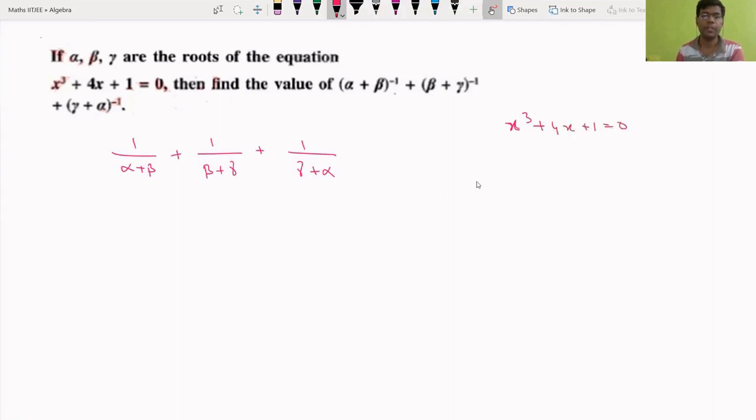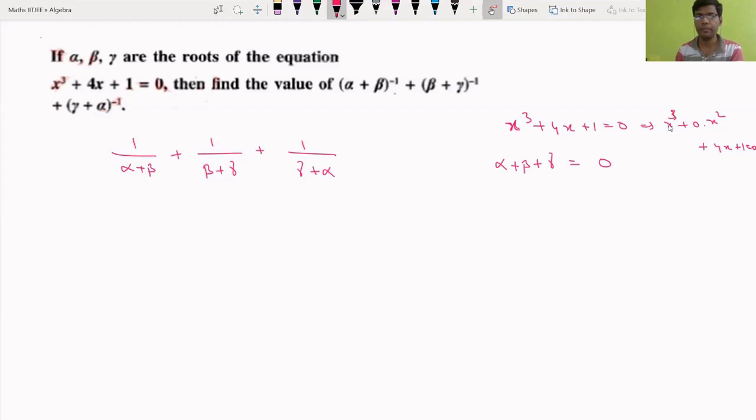Given alpha, beta, gamma are roots of this equation, we can clearly say the sum of the roots is 0, because this equation can be rewritten as x cube plus 0 multiplied with x square plus 4x plus 1 is equal to 0. The second coefficient by the first coefficient gives the sum of the roots, that is 0.